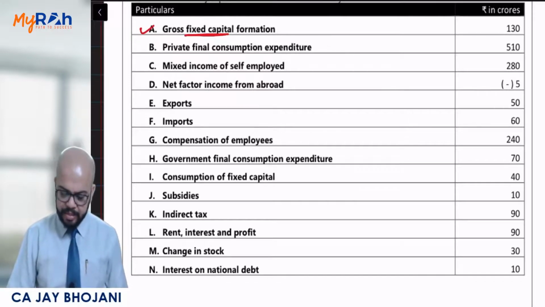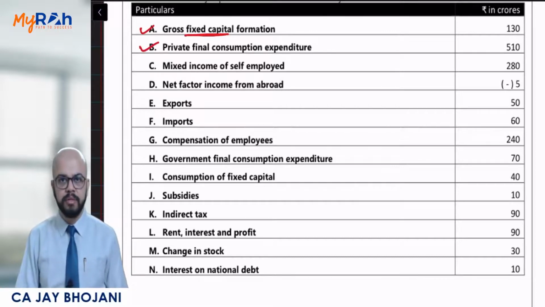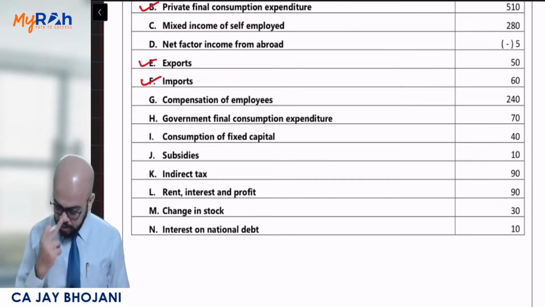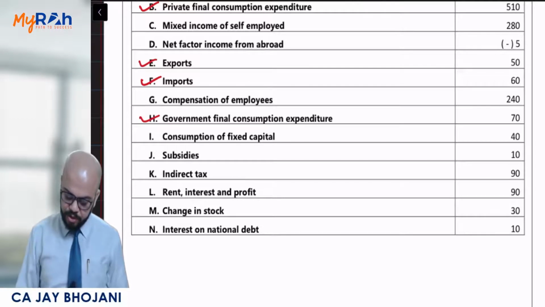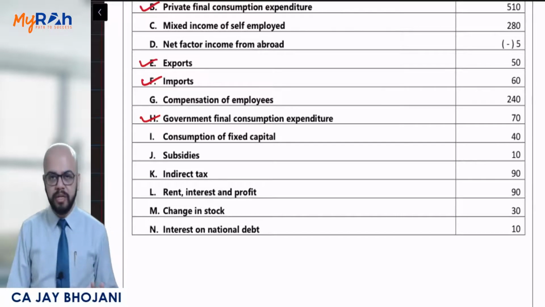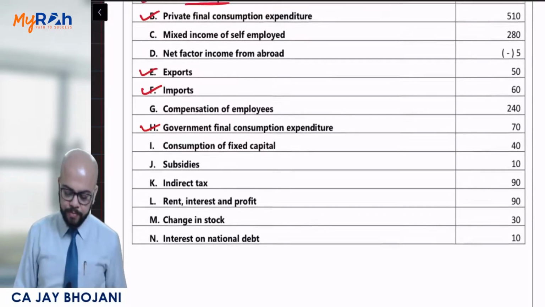Next is PFCE. Yes, it is used in the expenditure method. Then exports, imports, yes. Then government final consumption expenditure. Consumption of fixed capital is not required right now because I am calculating GDP-MP. So I don't need it right now.